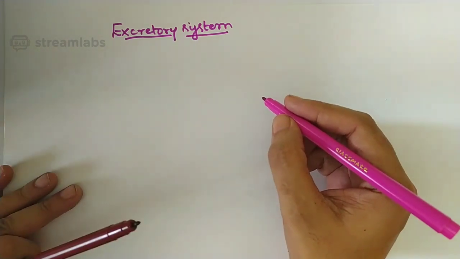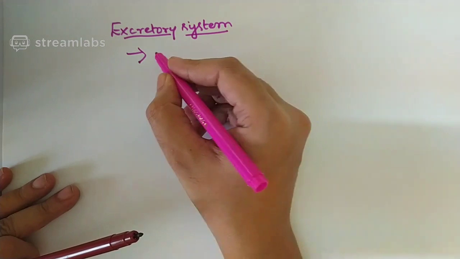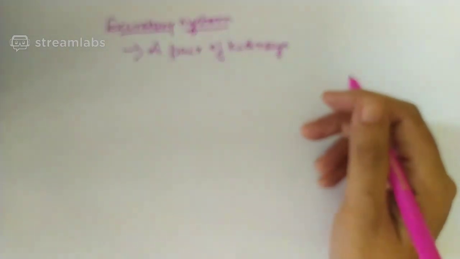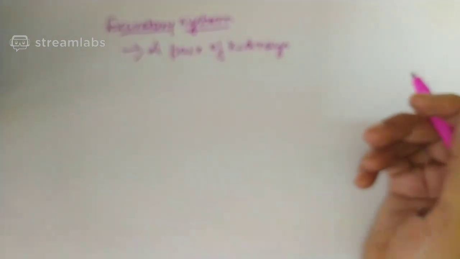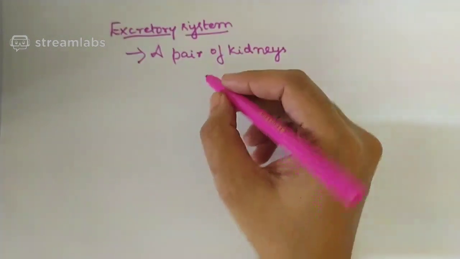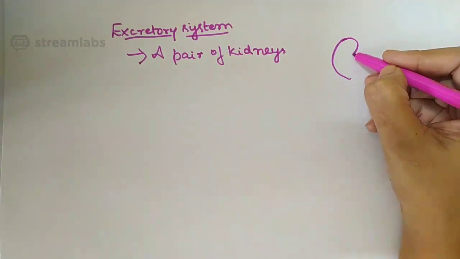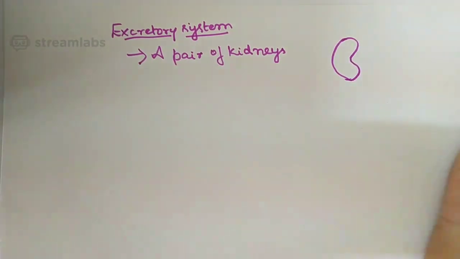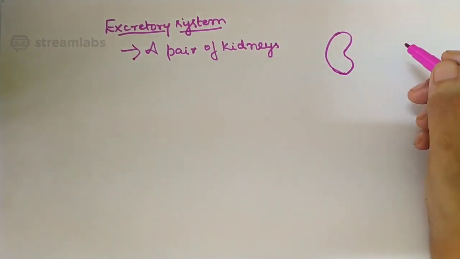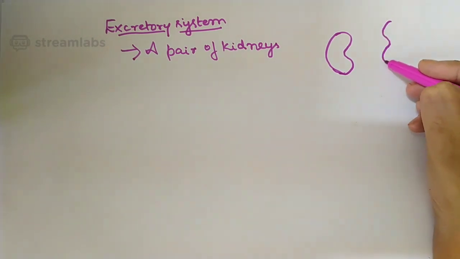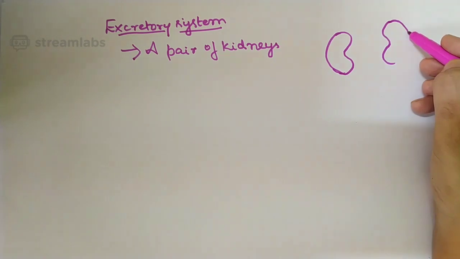The excretory system consists of a pair of kidneys. What is the kidney shape? We can call it bean shape. There is a pair of kidneys in your excretory system.